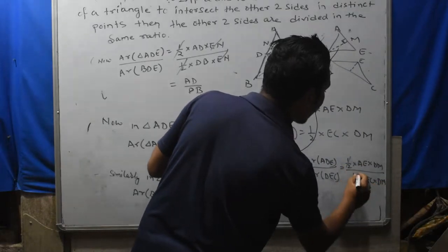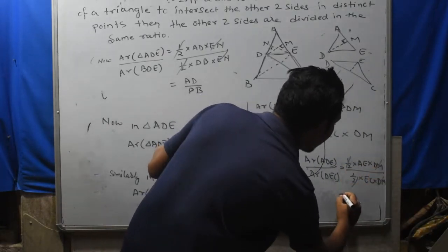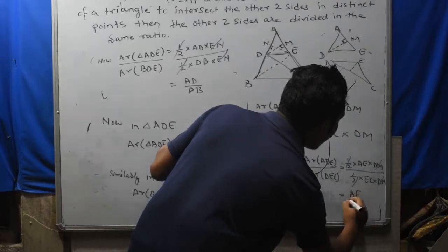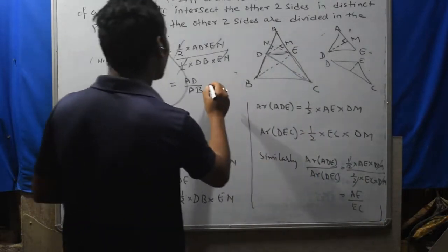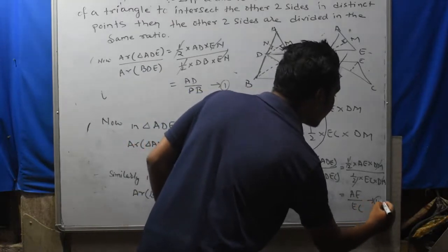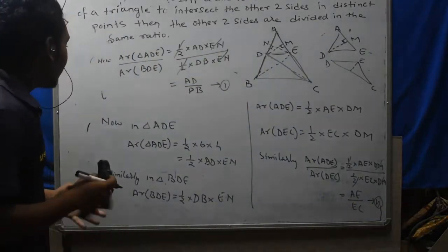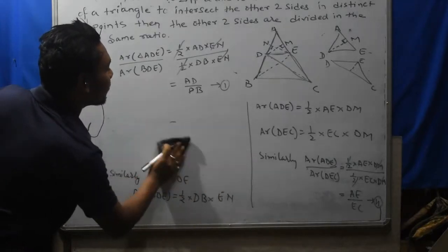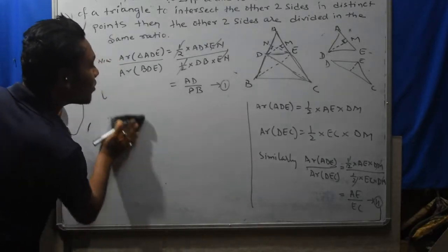So half cancel, DM cancel. What is left? AE by EC. So this is equation number 1. This is equation number 2.